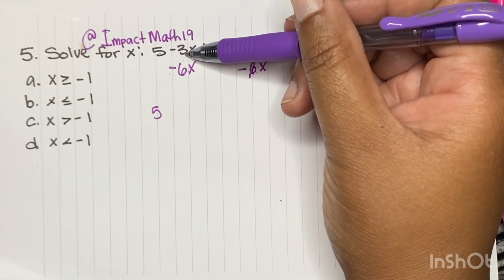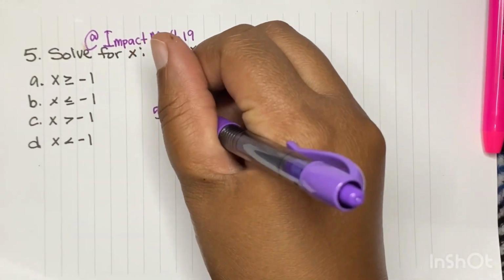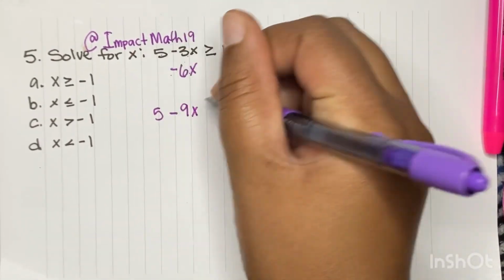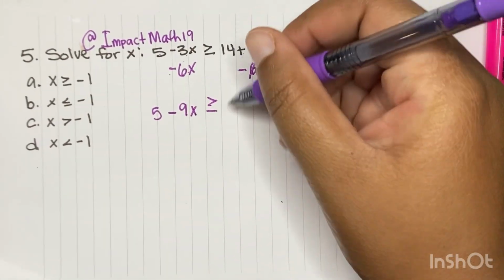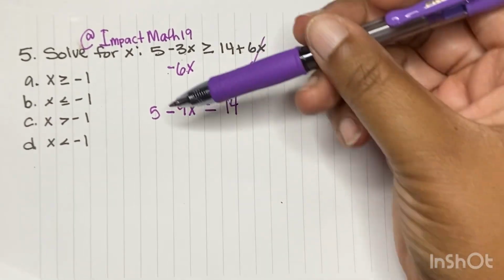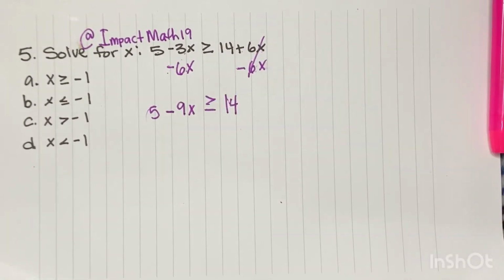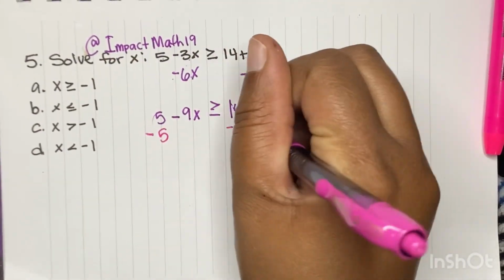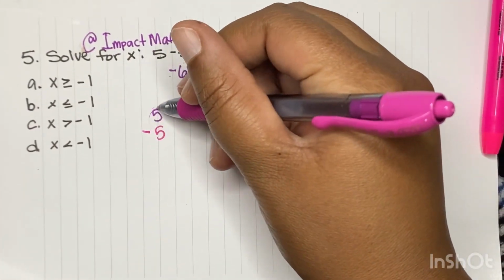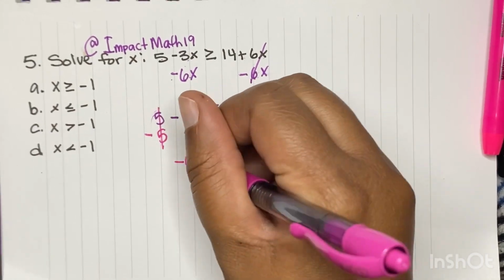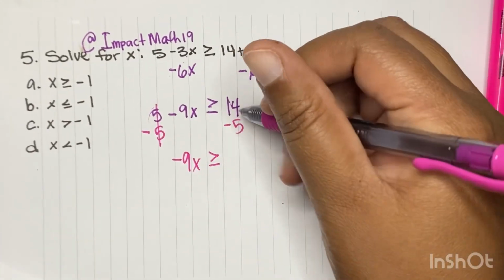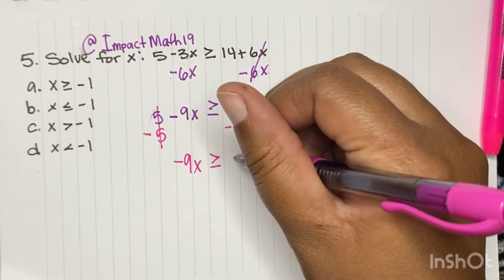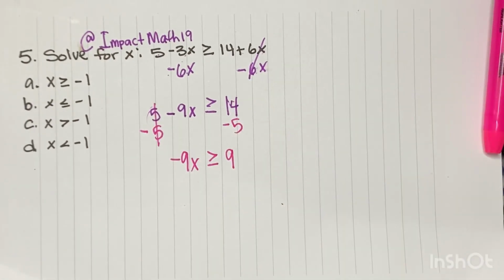Somebody borrowed $3 from you and they said, let me get 6 more. Well, they owe you $9. Drop down the 14. Now we need to bring this positive 5 to the other side, so we're going to minus 5 to both sides because we're doing the opposite of positive. We're going to drop down our negative 9x greater than 14 minus 5, which is 9.